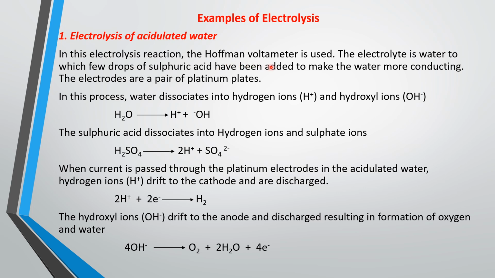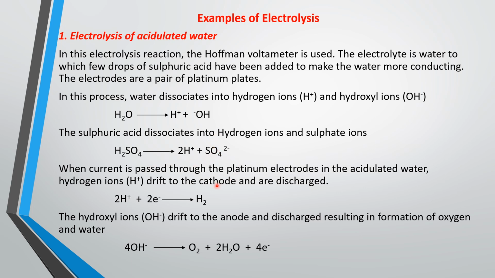For the Hofmann voltameter, the electrolyte is water to which a few drops of sulfuric acid have been added to make the water more conducting. The electrodes for this setup are platinum plates. Now, when the process is set up, water dissociates into hydrogen ions and hydroxyl ions as shown in this equation, while the sulfuric acid dissociates into hydrogen and sulfate ions.